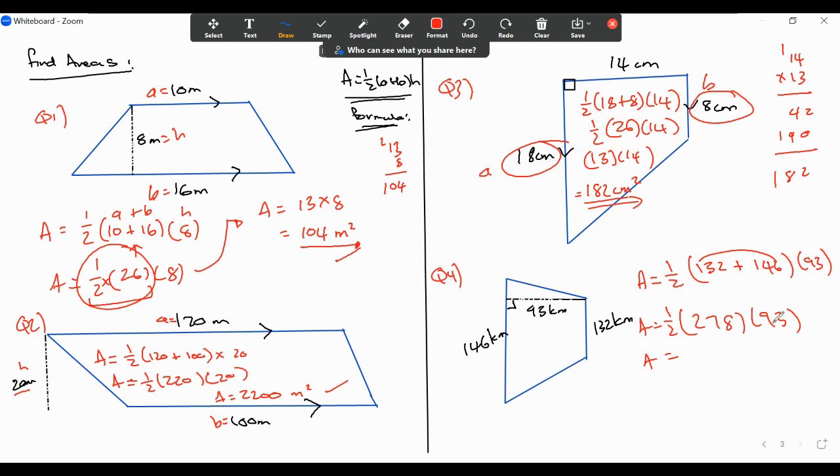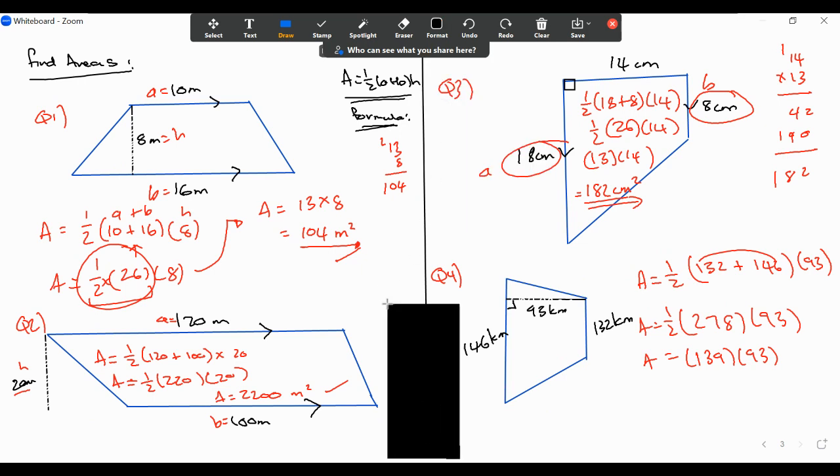And so we halve that and multiply by 93. The half of 200 is 100, and the half of 78 is 39, so 139 times 93. So let's work that one out. Let's just make a quick block here, and we're going to try and work that out without a calculator and see how far we can get.